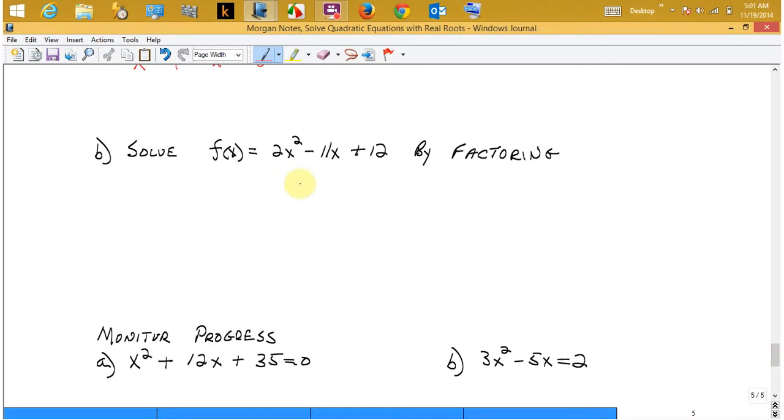Okay, let's look at this next one. What we have here is we have set it equal to 0. Now let's factor, well, we can't factor anything out. We're going to have to use an AC middle technique on this.